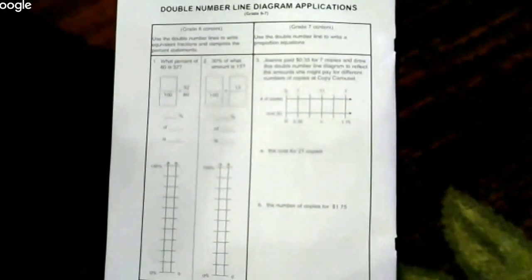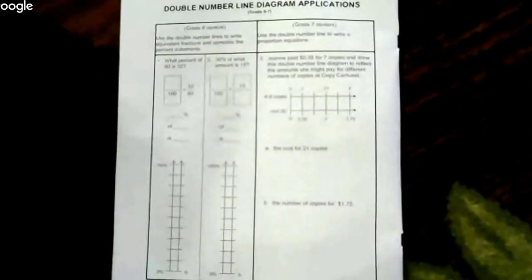In any case, double number lines are a great tool for dealing with percent. Side note, the standard talks again mostly about finding a percent of a number. There is no standard that I've been able to find that says kids need to know percent as a number.